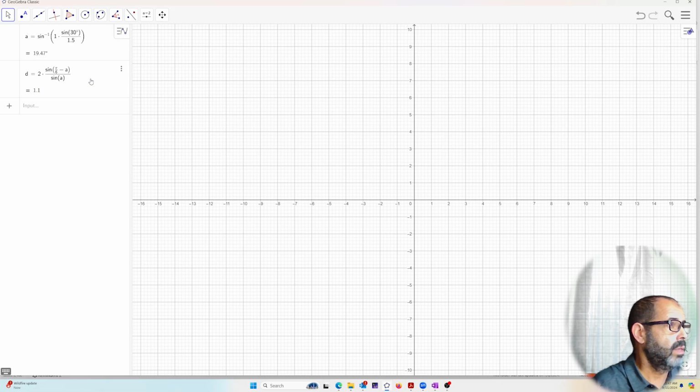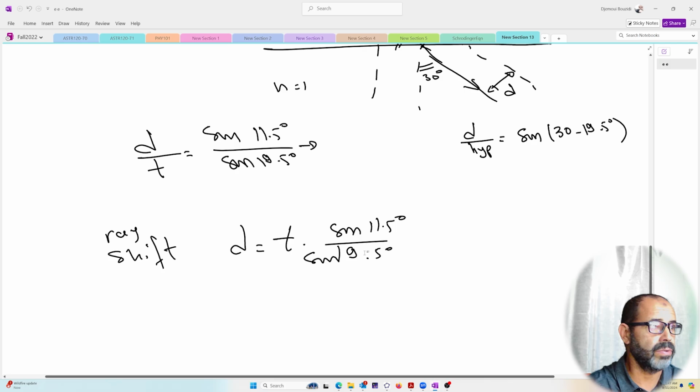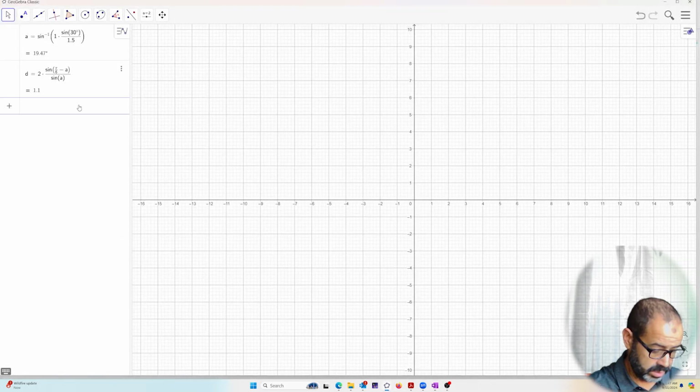Okay. So it's 1.1 centimeters. Is that correct? Does it even make sense? So that's how much it's shifting according to this calculation in here. Of course, you guys are supposed to double check all of this, including the reasoning, by the way. Okay. Let me see if I can do it much faster than this. Let's see. So we have 2 sine of 11.5 divided by sine of 19.5.